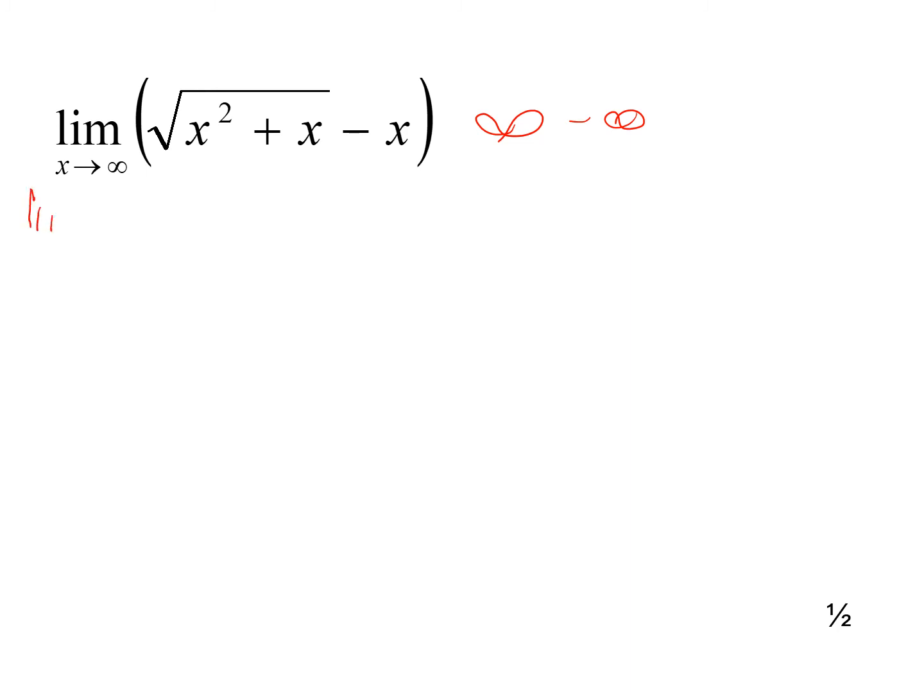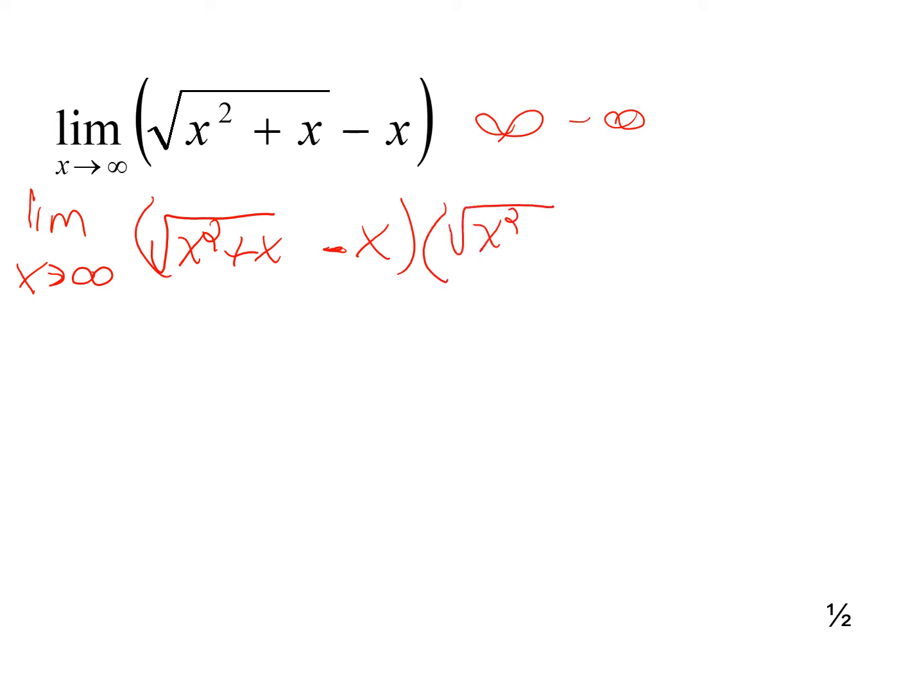So we have the limit as x approaches infinity of the square root of x squared plus x minus x, times the conjugate, which would be the square root of x squared plus x plus x, over the square root of x squared plus x plus x.